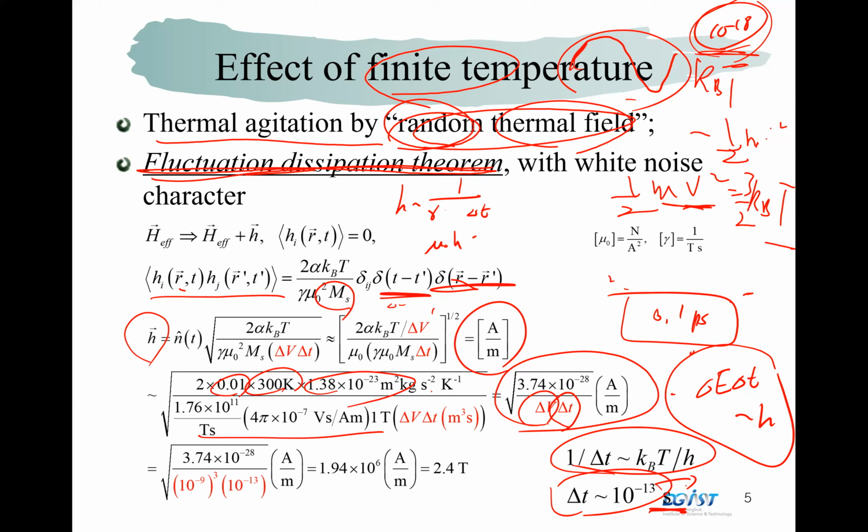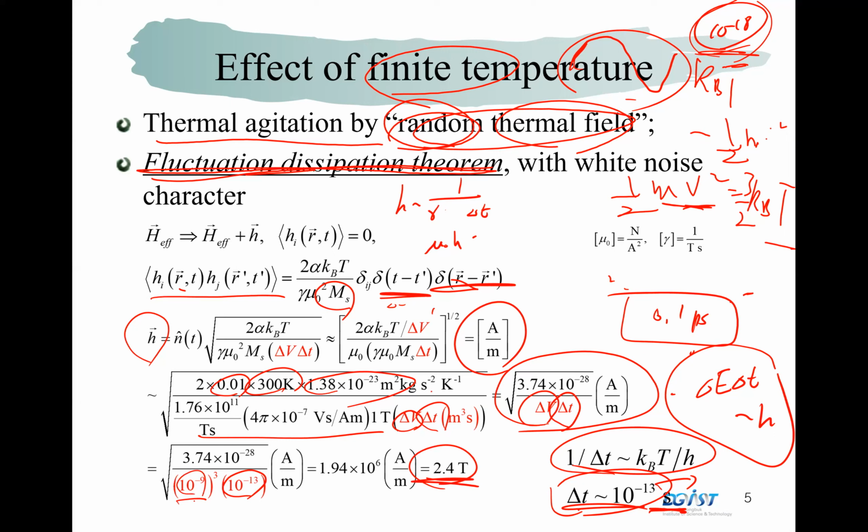Okay. So if you insert delta t with this number, and for the delta v, I insert 1 nanometer by 1 nanometer by 1 nanometer, so it's a pretty small nanoparticle, then we get 2.5 Tesla magnitude. That means such a large field can be applied within every time interval for this volume.